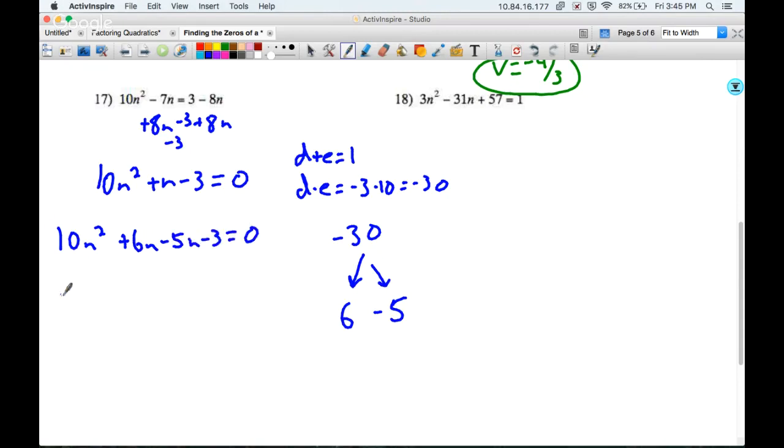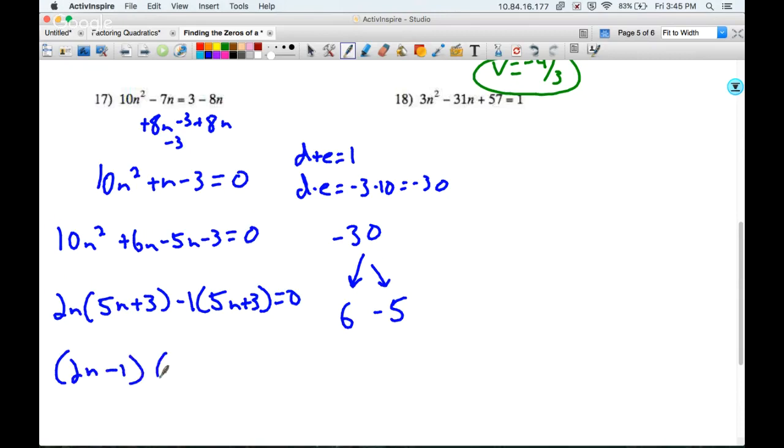Factor out the greatest common factor, which is 2n. Then we have a 5n plus 3 and a negative 1 to get a 5n plus 3 equals 0. Split that into its two factors now, 2n minus 1 and 5n plus 3 equals 0. Now set each of these individually equal to 0.